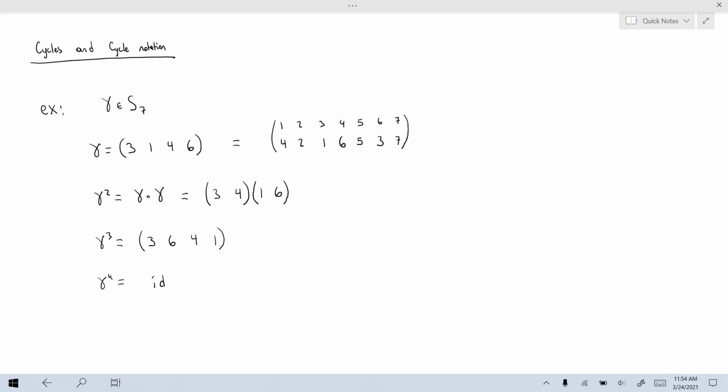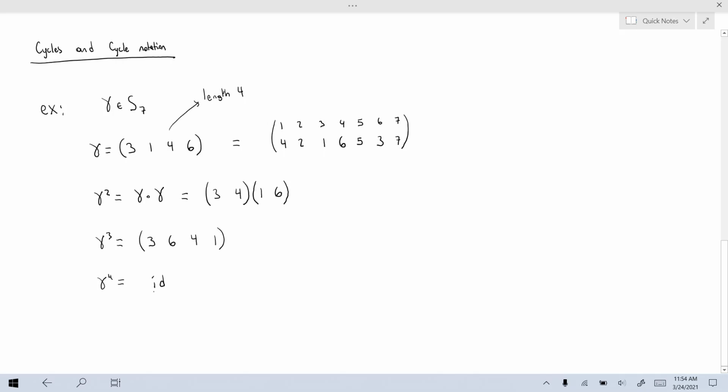So it's not a coincidence that gamma was a cycle of length 4. When I say that gamma is a cycle of length 4, I just mean that there are 4 numbers in the cycle. So it's not a coincidence that gamma is a cycle of length 4, and that gamma to the 4th power gives you the identity.